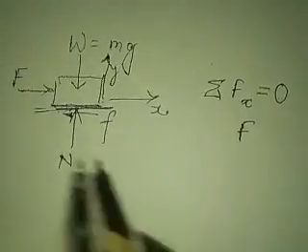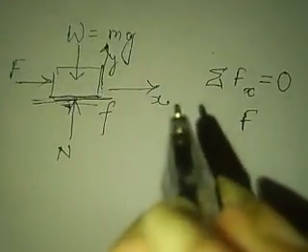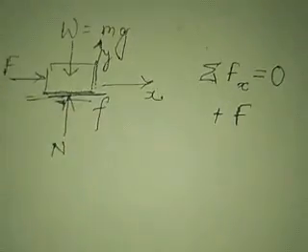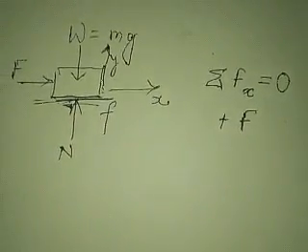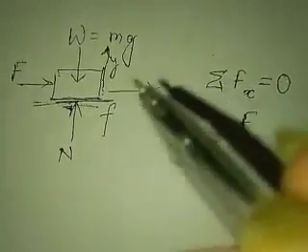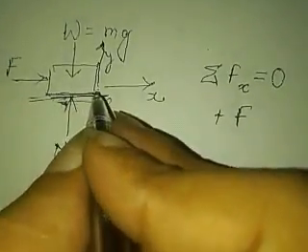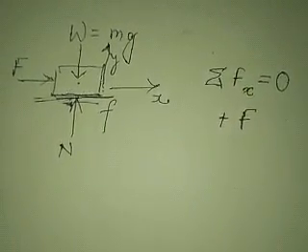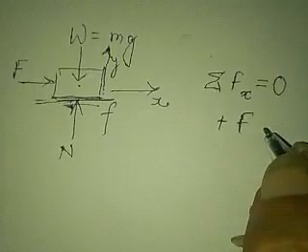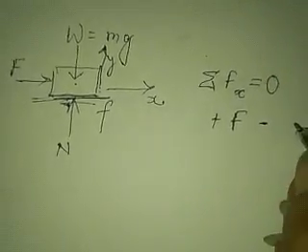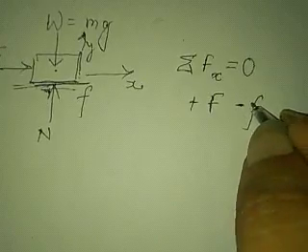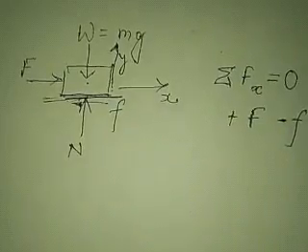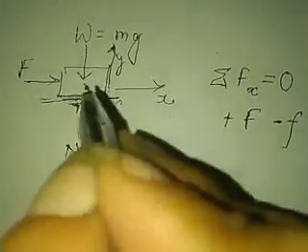It means if I am taking this F as positive, because it is acting in the direction of x, then a force which is F, I am assuming that it is also acting on the centroid of this object. I am assuming it to simplify my analysis. So there will be some small f, and none of the other forces has a component in the direction of x.